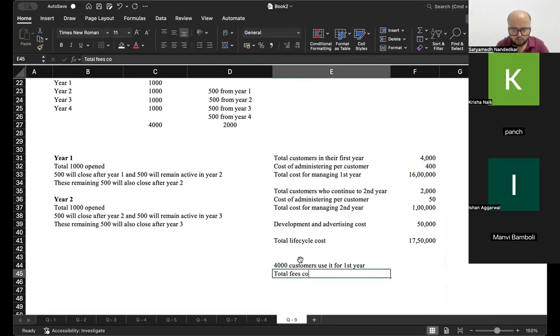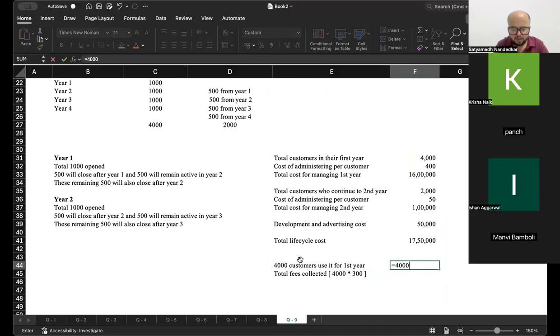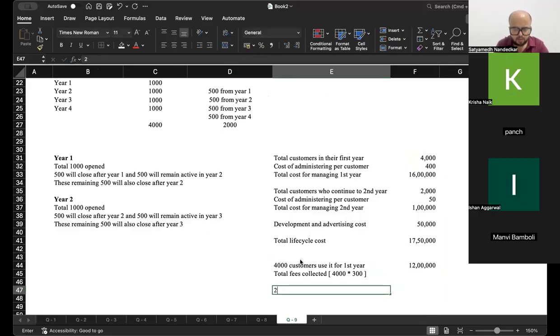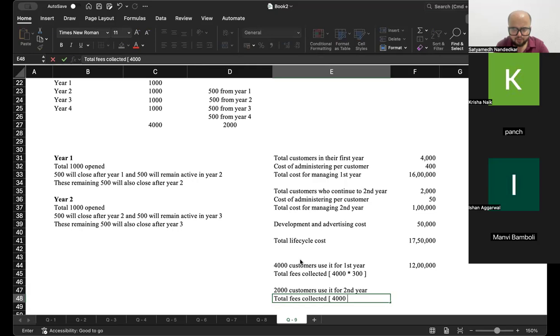So total fees collected 4000 into 300. How much is that? 4000 into 300. 2000 customers use it for second year. So total fees collected, not 4,000 now, 2,000 into 300.